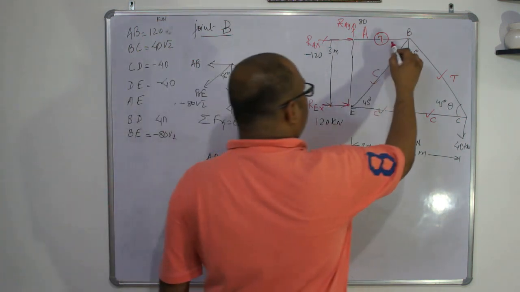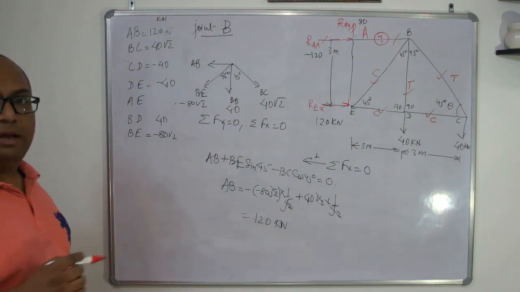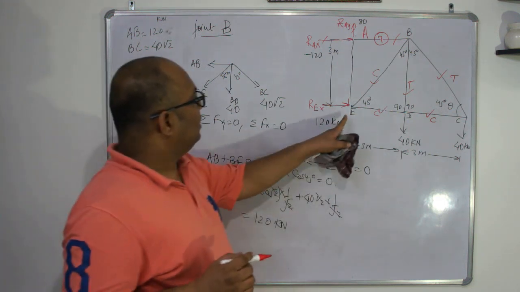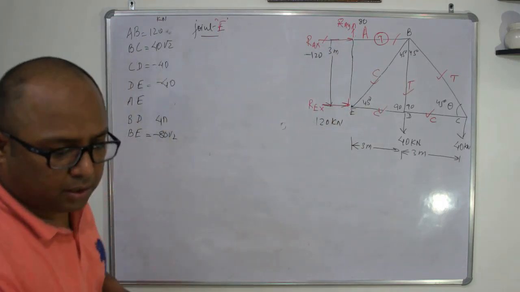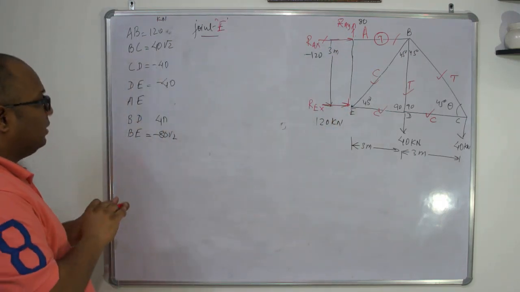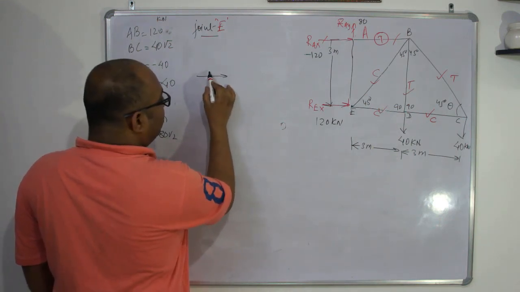Okay, so this is also known. Now only one member, force in only one member is left, that is AE, joint E. So let us draw the FBD.